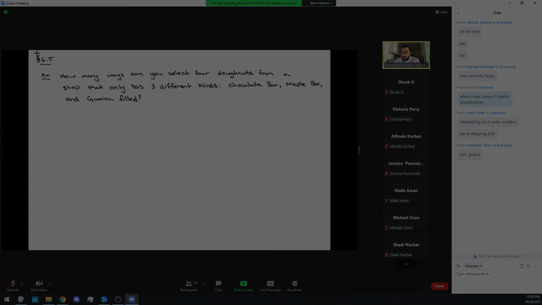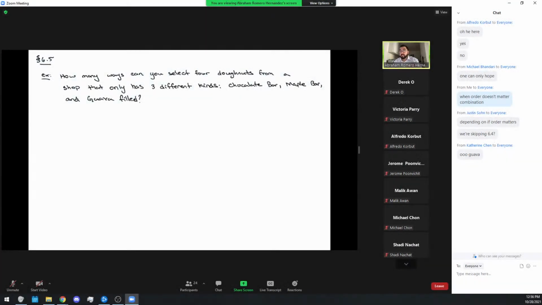So no matter how you look at this, you're going to select 4 donuts, right? There's going to be a donut that's going to be repeated. It could be a chocolate, it could be a guava, it could be a maple bar. You can't get 4 different donuts.